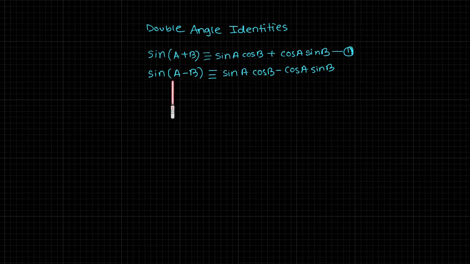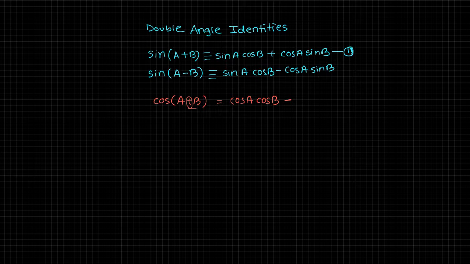But this thing won't be true for cos. For cos, what will happen is cos A plus B will be written as cos A cos B. Alright? And then you will have to give a minus over here. So remember, whenever you have cos A plus something, you will have to put the opposite in the expansion.